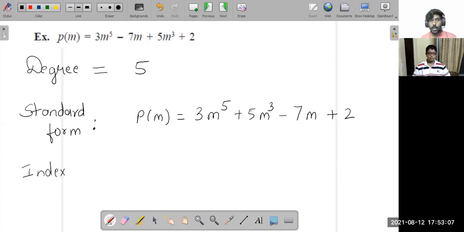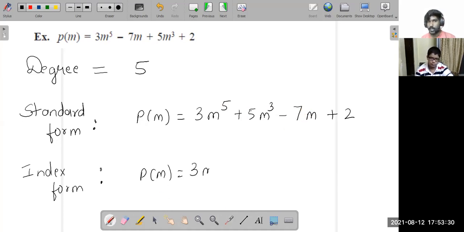Now in index form, you have to be careful about what is missing. Which power is missing? 5 is there. Then which is missing? 4. 3 is there, and one more is missing. 2. So you will put 0 for them.